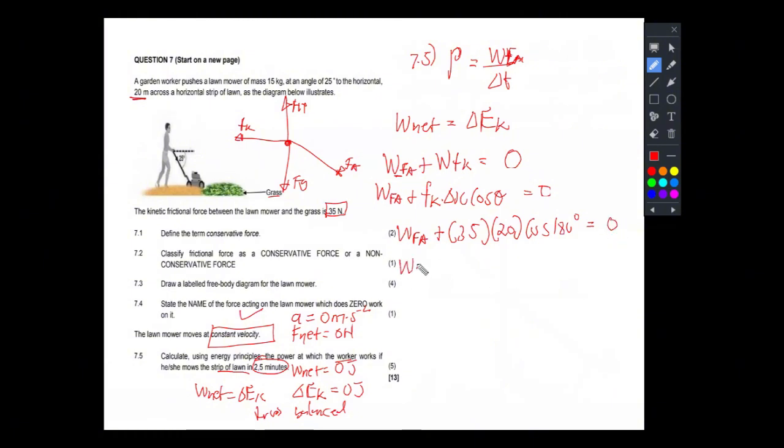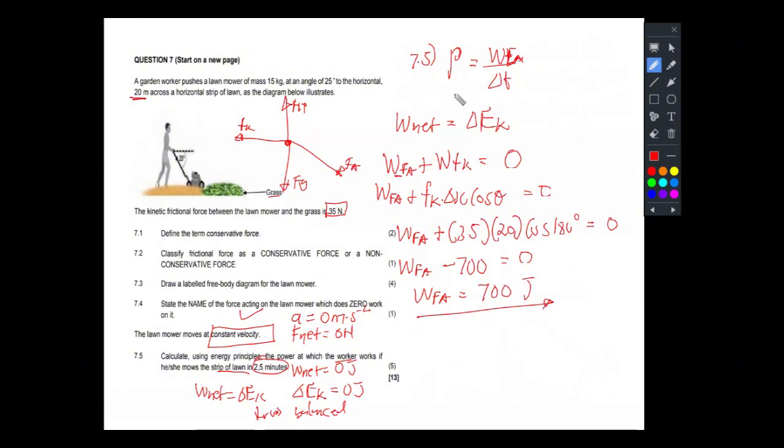So now we have work done by FA, and then we simply just punch this into our calculator: 35 multiplied by 20, and then cos 180 degrees. So that's negative 700 equal to 0. So to calculate work done by force applied, we're just going to say 700 joules, right?